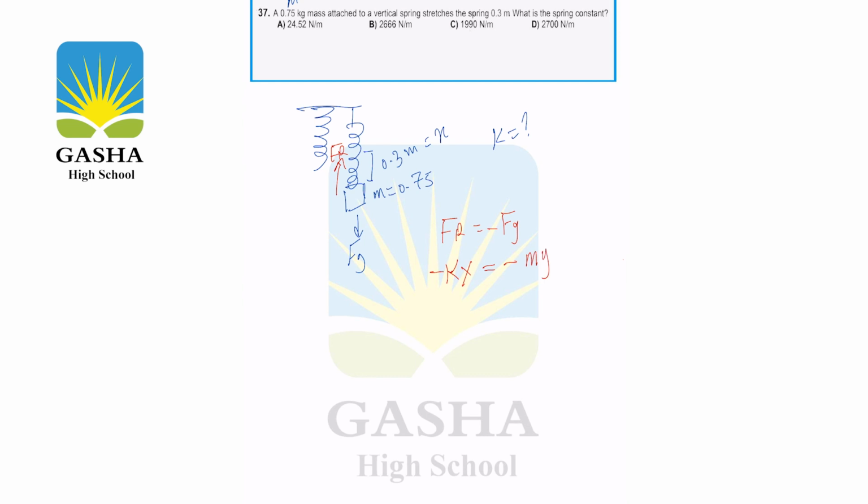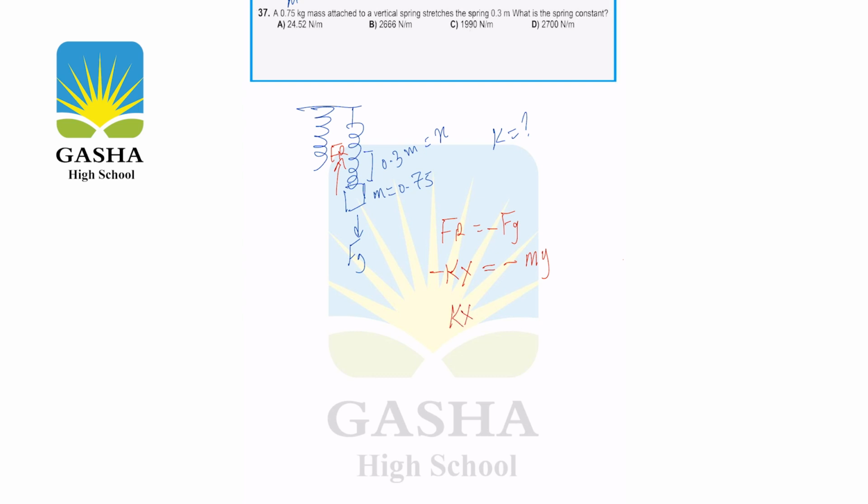Why is Fr equal to Fg? Because more mass means more gravitational force, and more stretch of the spring, and that leads to more restoring force in order to return to the original place or the equilibrium position. That's why restoring force in a vertical spring is always equal to the gravitational force, but in the opposite direction, because both Fr and Fg are in opposite directions. So these minus signs cancel out.